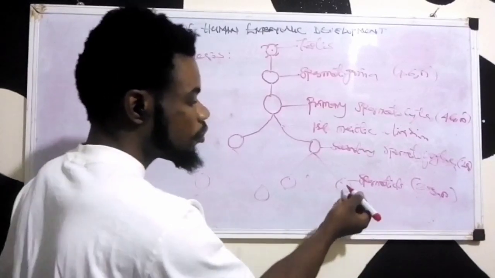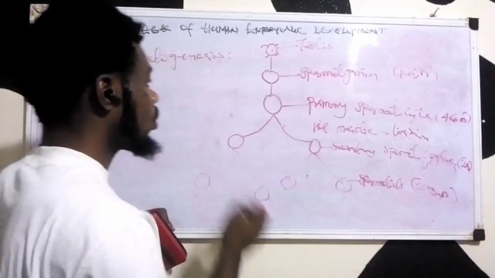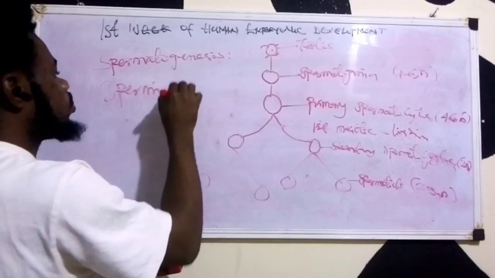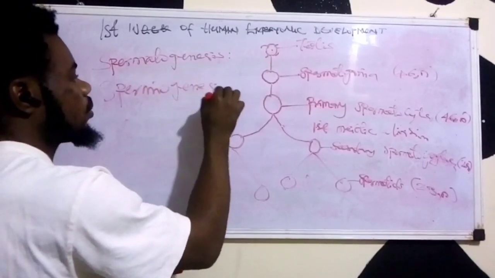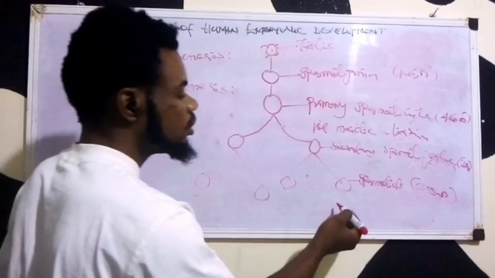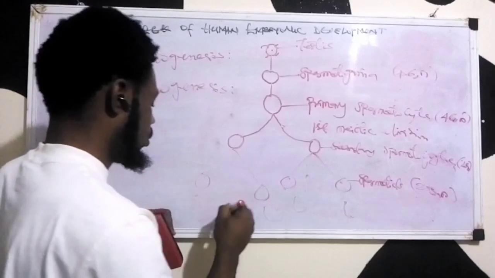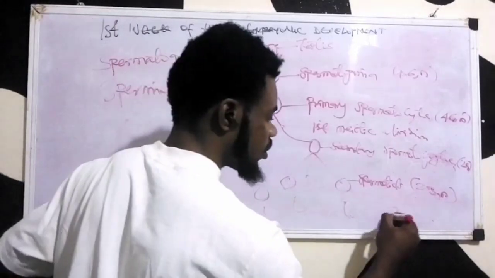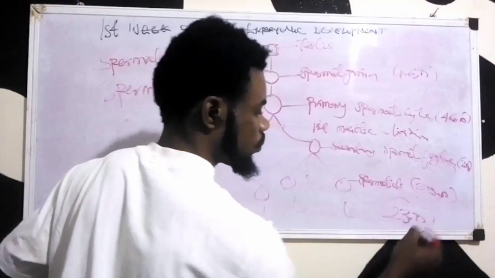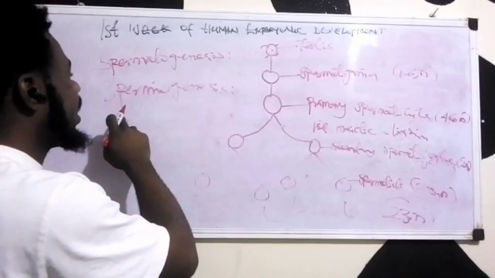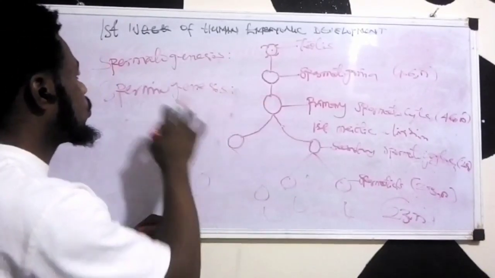Now, spermatid further undergoes a process called spermiogenesis to give rise to matured sperm cells with haploid number. Now, don't get confused with spermatogenesis and spermiogenesis.